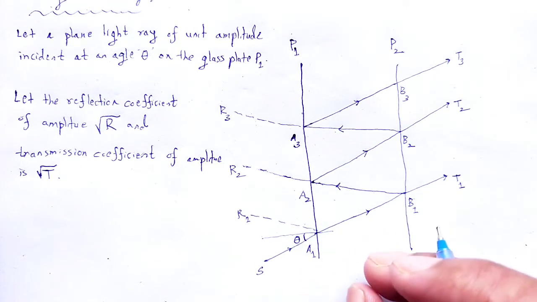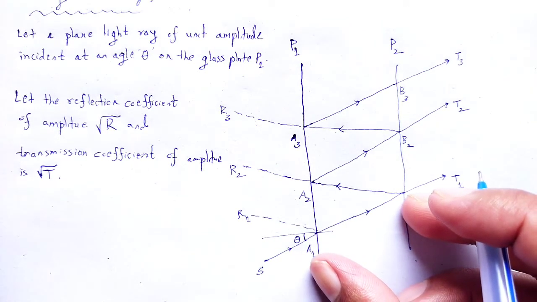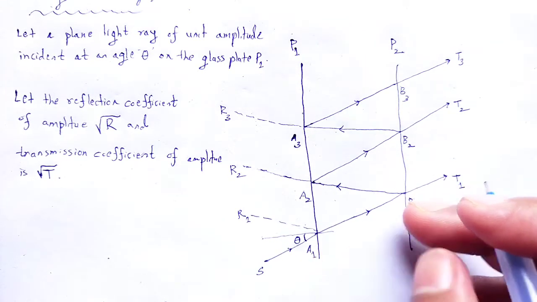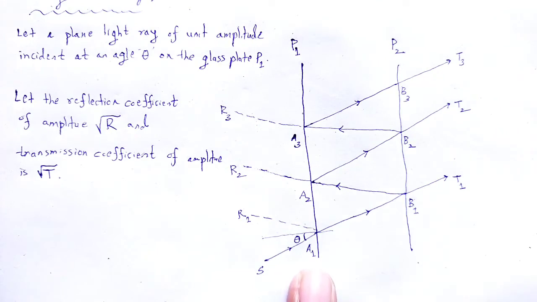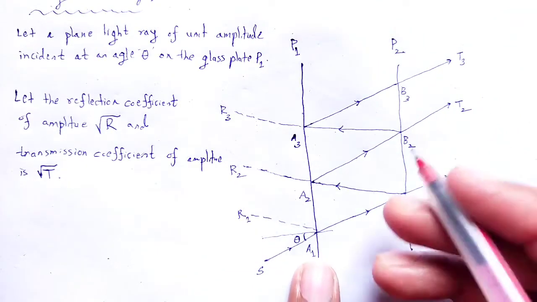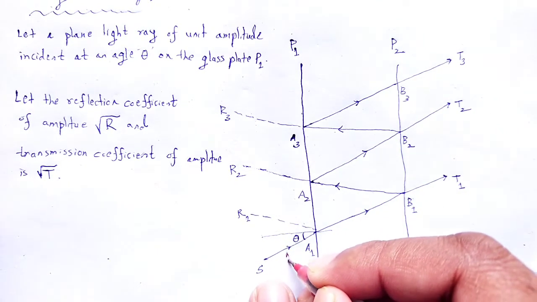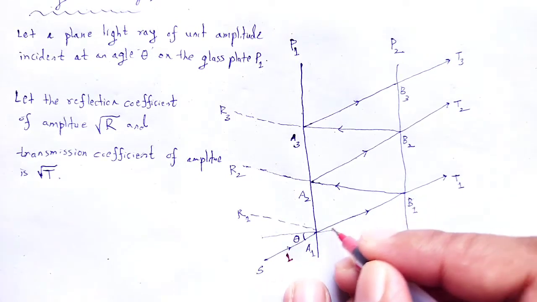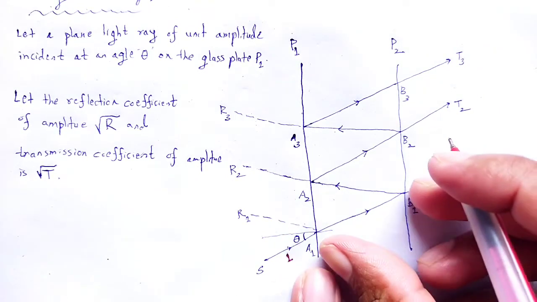So, the amplitude of ray A1B1 becomes root T, since transmission takes place at the top surface.